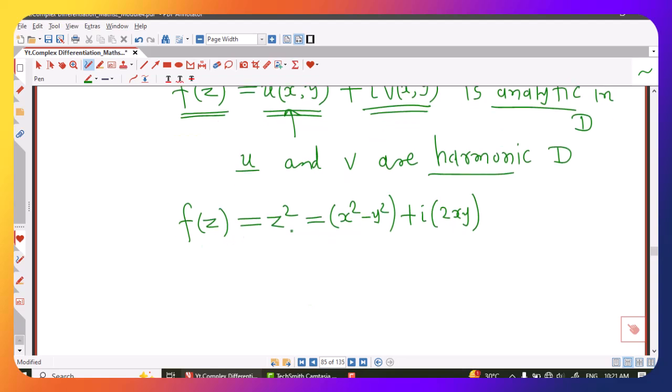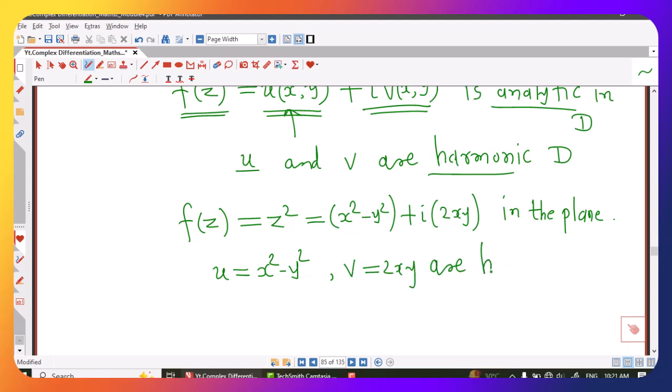Now we know that z square is analytic everywhere in the complex plane. Therefore, these two functions u equal to x square minus y square and v equal to 2xy are harmonic in the complex plane. So we will remember this result. We are not going to prove this result.